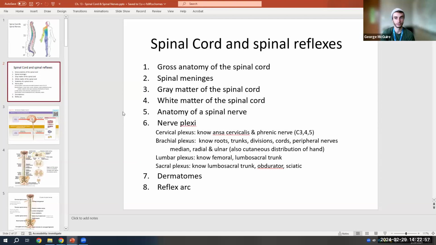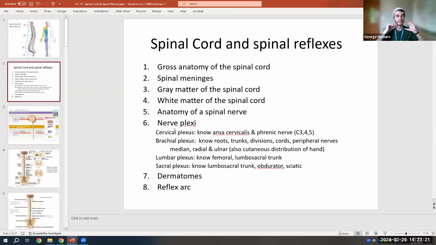on what they are, but the nerve plexi, which are just large organizations or how we group various spinal nerves based on what areas of the body they innervate. So which areas of the body they are responding to sensations from and sending motor signals to. So we have four main plexi: cervical, brachial, lumbar, and sacral.